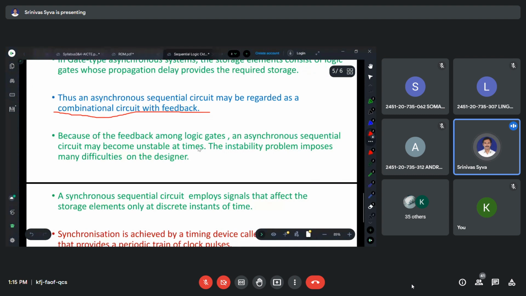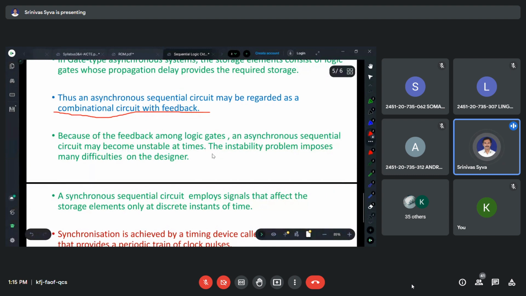So synchronous sequential circuits are preferred compared to asynchronous sequential circuits. A certain function can be implemented with asynchronous mode or with synchronous mode.